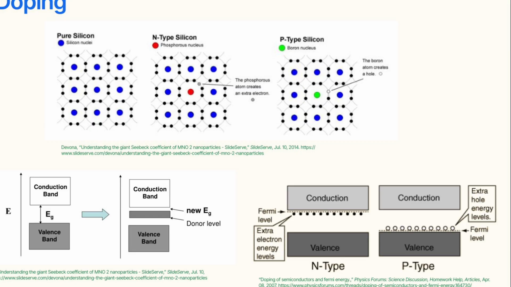Dopants that add extra electrons, in this case phosphorus, are called N-type dopants because they add additional negative charges. Dopants that provide holes, in this case boron, are called P-type dopants because they add additional positive charges.